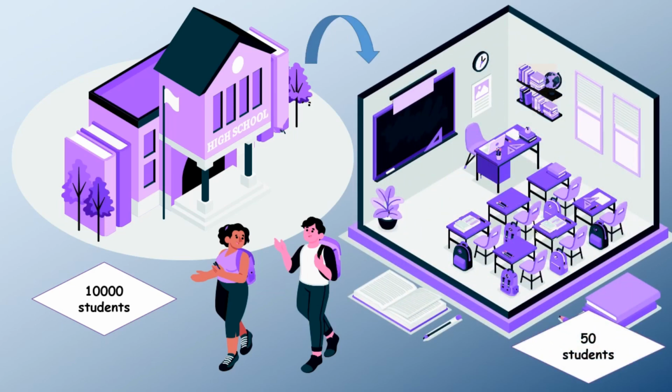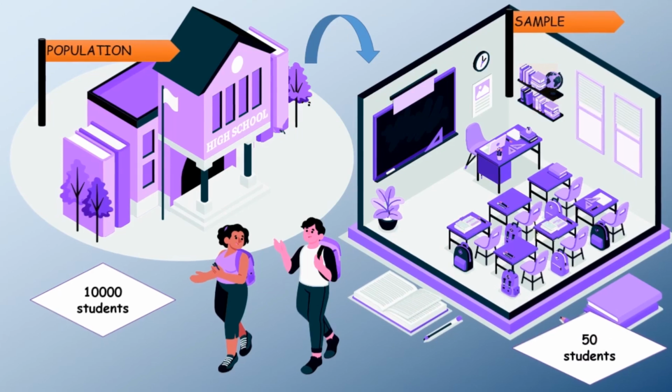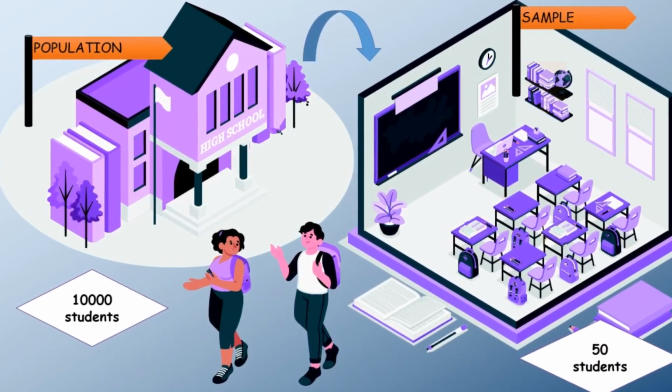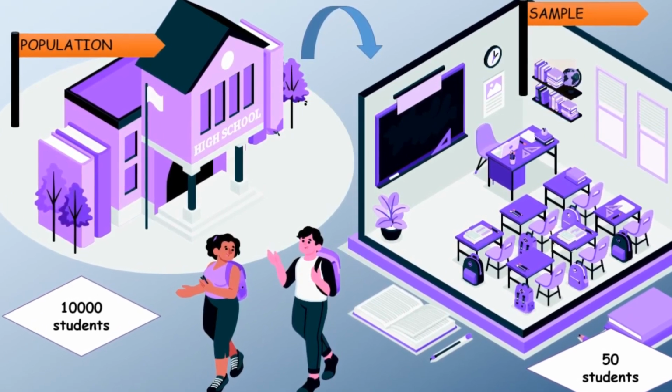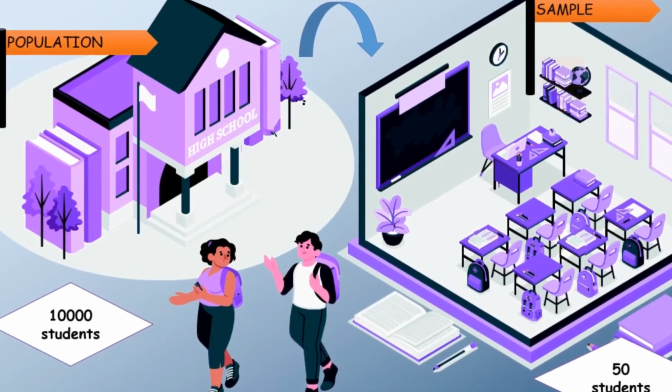So my population will become all the students in the school and the sample will become the 50 students of a class. Taking a sample out of a population is a very commonplace occurrence in statistics because many times we cannot take the whole population. Sometimes it's difficult and sometimes it's near impossible.